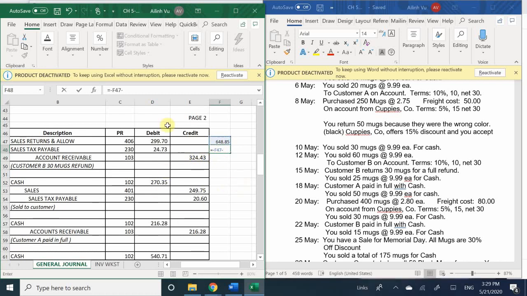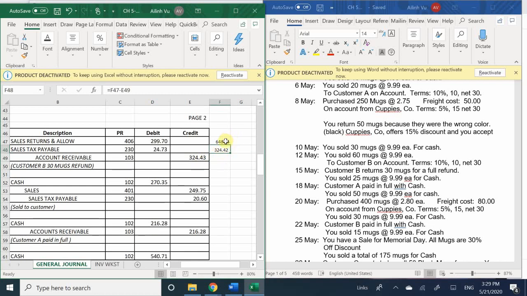By half, right? But look, we have 43 cents. So therefore, we owe, oops, sorry, hold on. So we have $648.85, and we're going to decrease it by $324.43. So we have an odd amount of pennies right here.